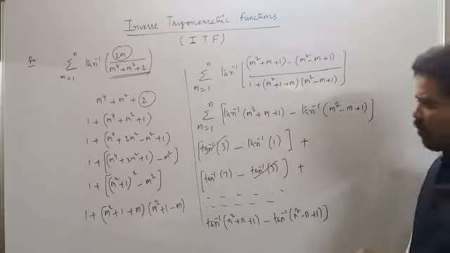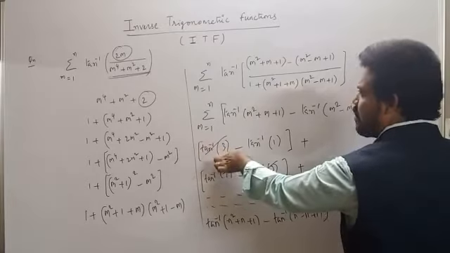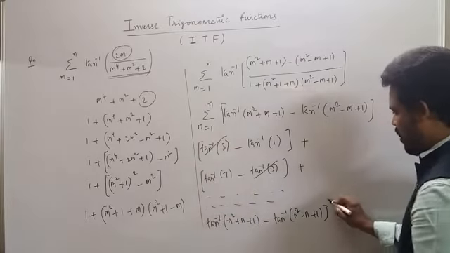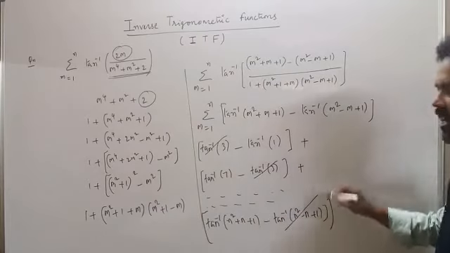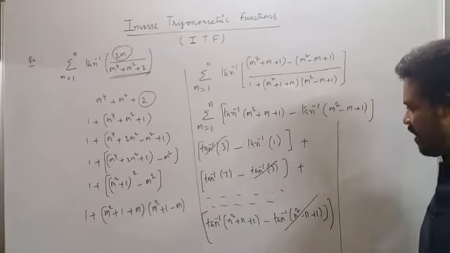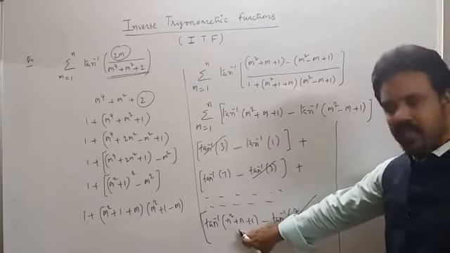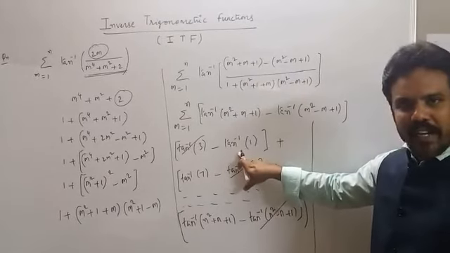I told you in the before problem, whenever the first term gets cancelled in the first bracket, here the last term will get cancelled in the last bracket. Now, what is left? The first term in the last bracket, and the last term in the first bracket are left.